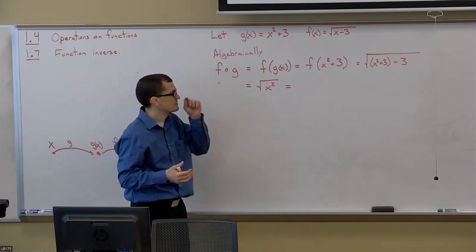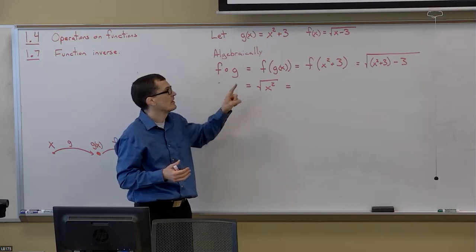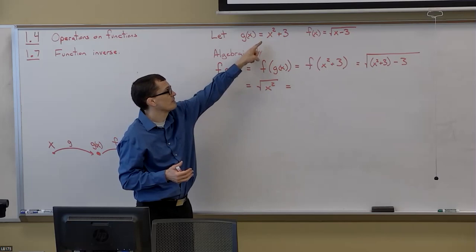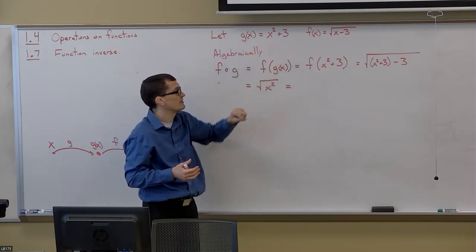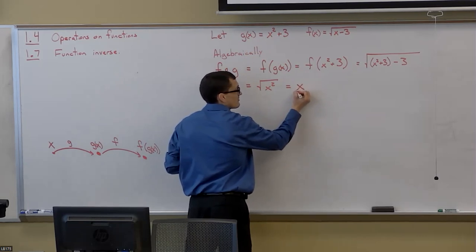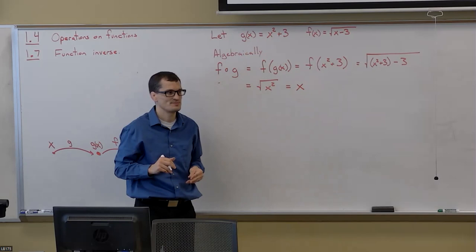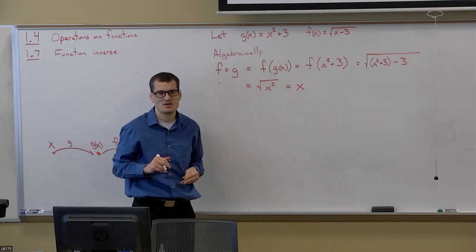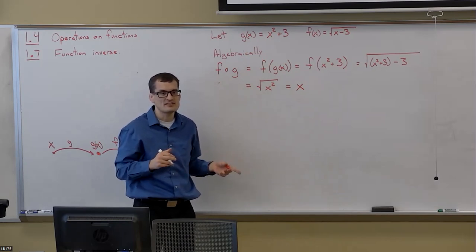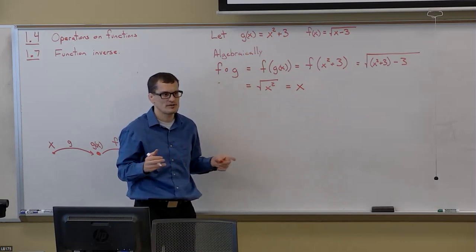So here's the tricky part. When you take square root of x minus 3 and you're composing that with x squared plus 3, you get back your x when the domain is right. You get back x as long as x is greater than or equal to 0.